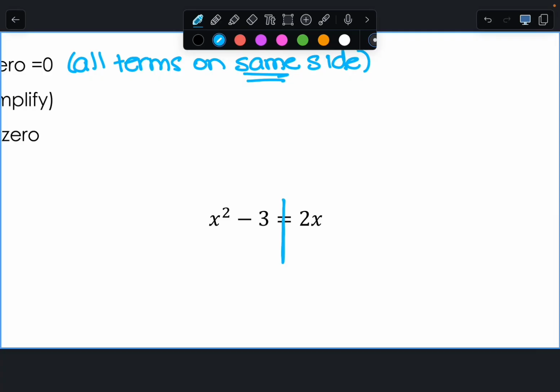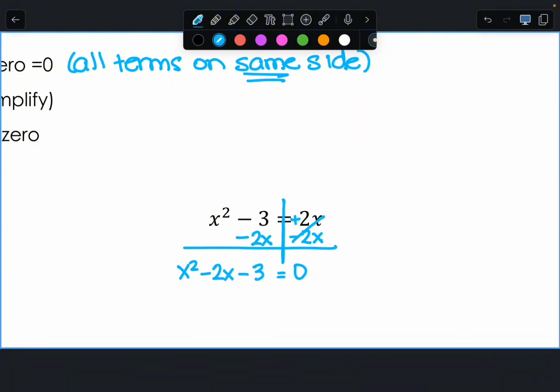Opposite of plus is minus. Opposite of a plus 2x is a minus 2x. When you subtract the 2x, make sure you write your trinomial the correct way, standard form, x squared minus 2x minus 3. And 2 minus 2 is 0. So all we've done is set it equal to 0. We have moved all the terms to the same side.